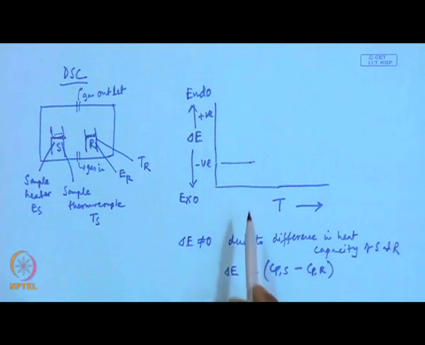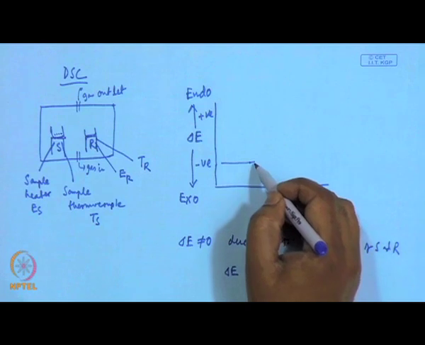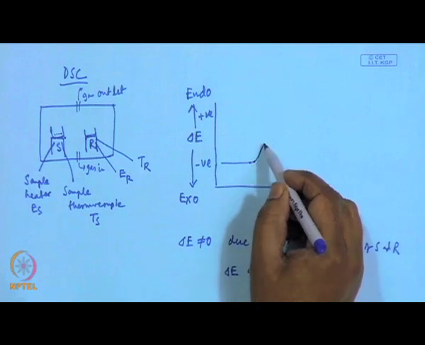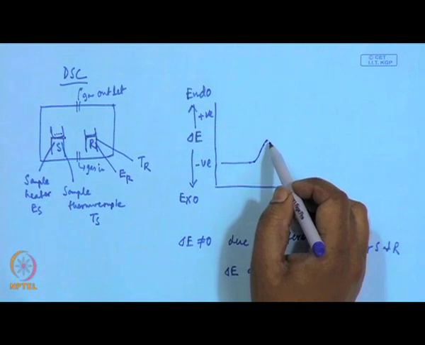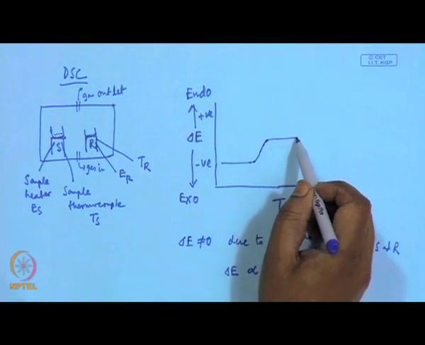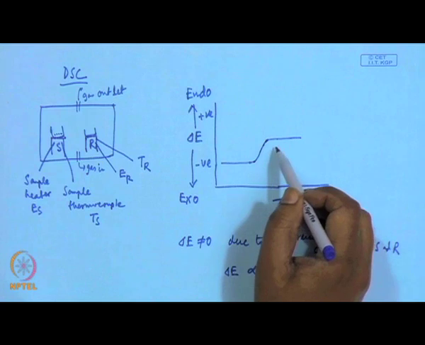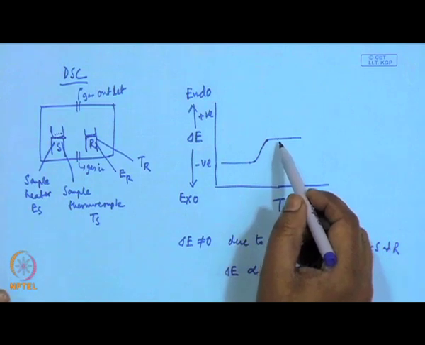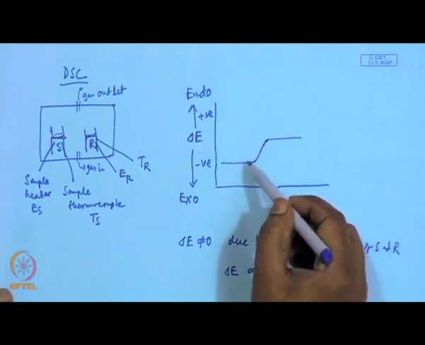Now, say the sample is undergoing glass transition. If the sample goes through glass transition temperature, which is an endothermic process, the system has to supply more energy. So, delta E will be higher, and then once the glass transition is over, it will again remain constant, because the heat capacity of the rubbery state is typically higher than the glassy state.